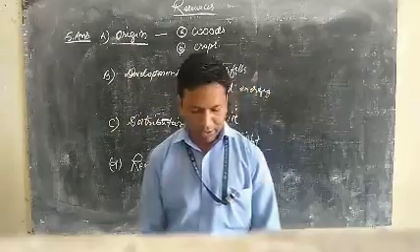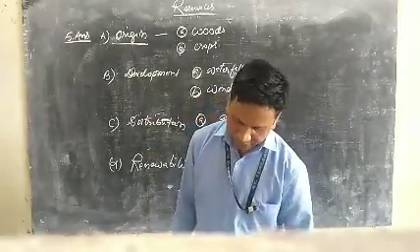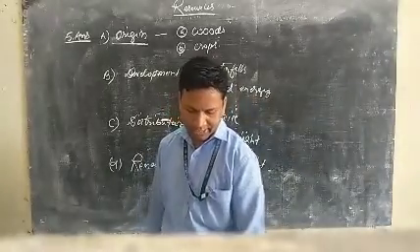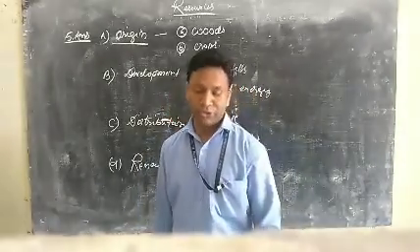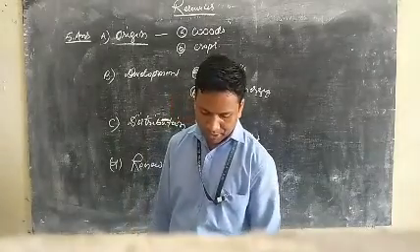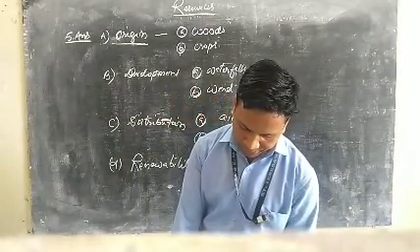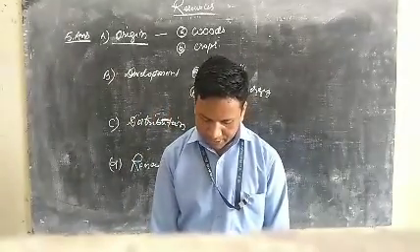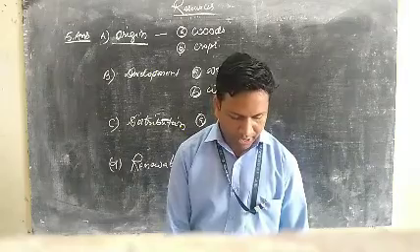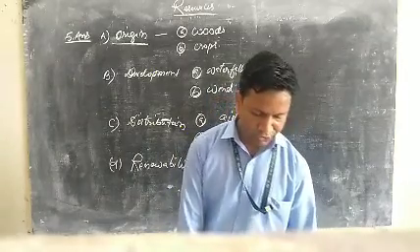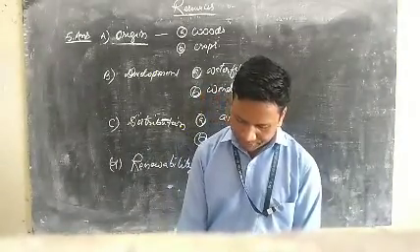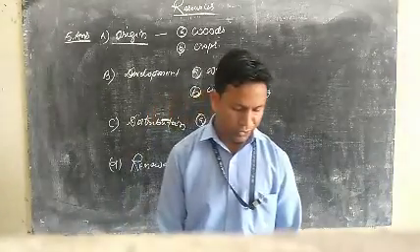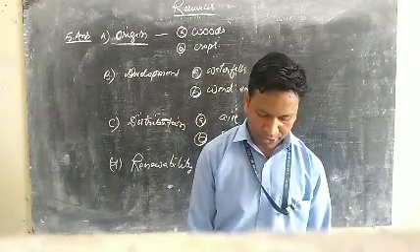How can resources be conserved? So page number 131, same page number, subheading, conservation of resources. From there you have to write down, especially from the second, third paragraph onwards. Third paragraph, how to conserve the natural resources and all. So here a few points are there, you have to write down point wise.